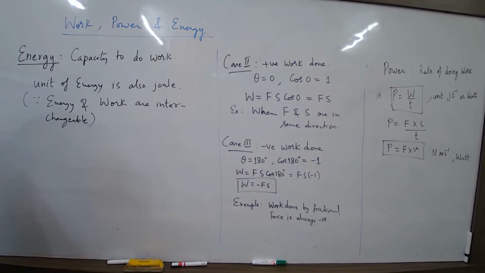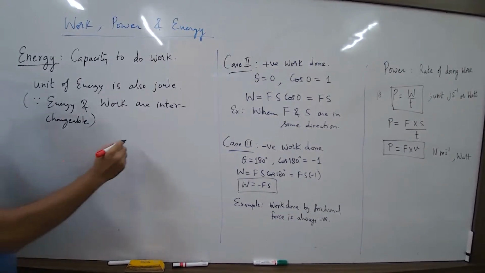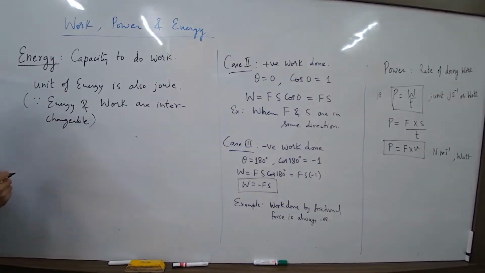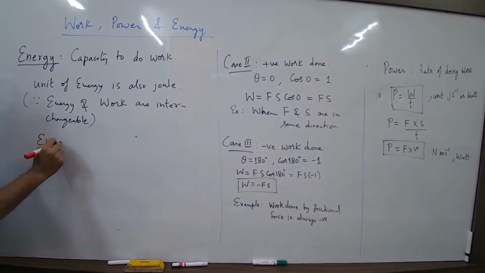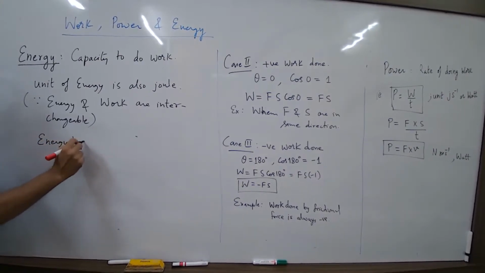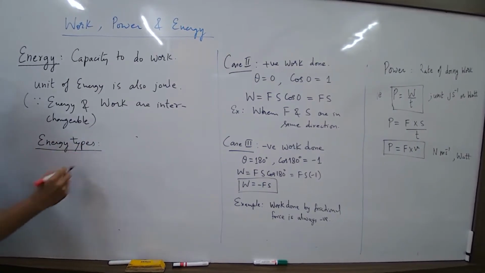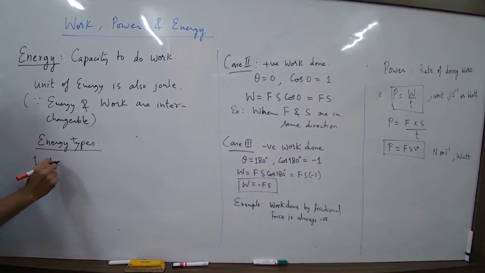So can you give me an example? First let us understand how many different types of energies there are. Then it will become clearer. Energy types: how many types of energy can you think of? One is mechanical, the most obvious.